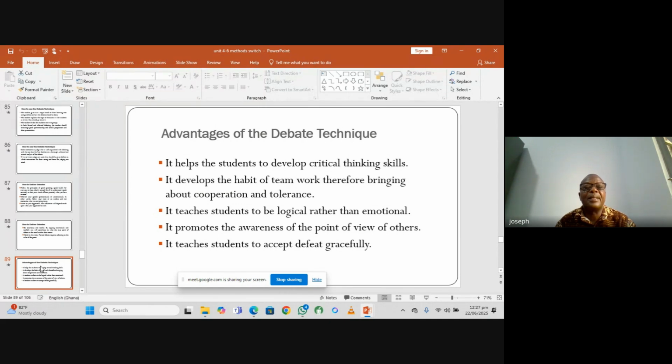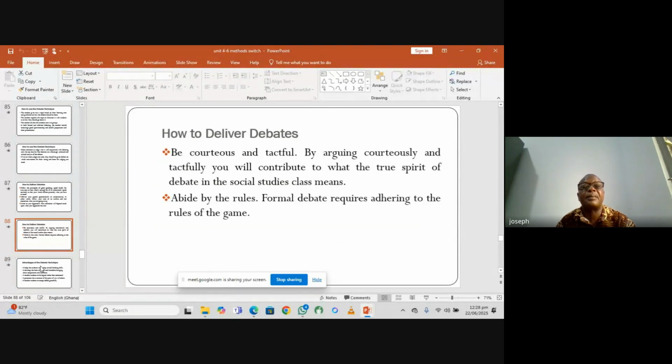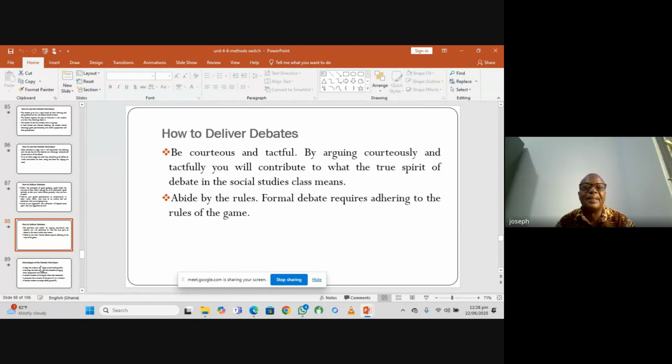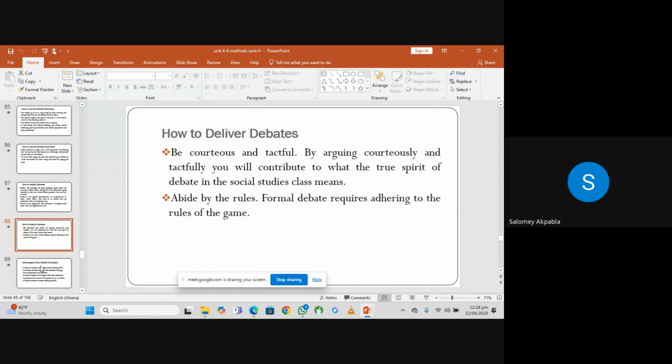What will be some of the advantages when you use debate as a technique? Yes, let me hear from you. If you use debate in teaching your learners, what will be some of the advantages? Yeah, it increases critical thinking skills.